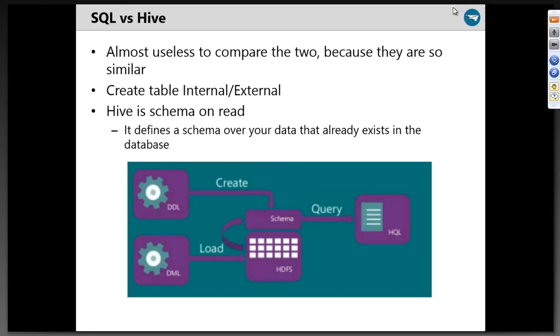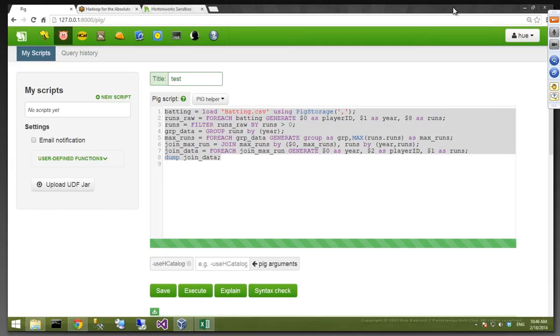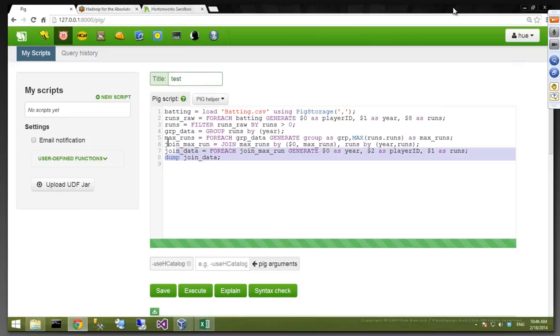But when you create a table in Hive, you actually consume the data and you store it. Maybe I should tell you something about Pig. In Pig, once the script is done, these data structures go away. Nothing here is persisting unless I tell Pig to persist.